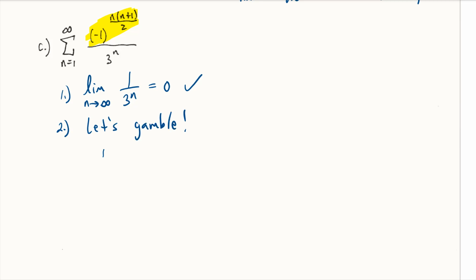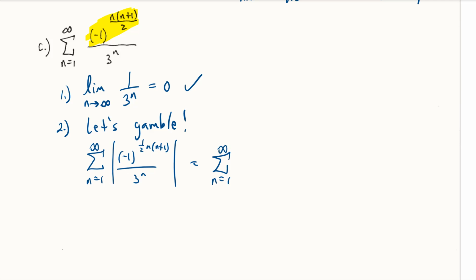So if I throw absolute value on this, basically if I get rid of the alternating, it turns it into a geometric series. So I just end up with 1 over 3 to the n, which is geometric. r is 1/3.